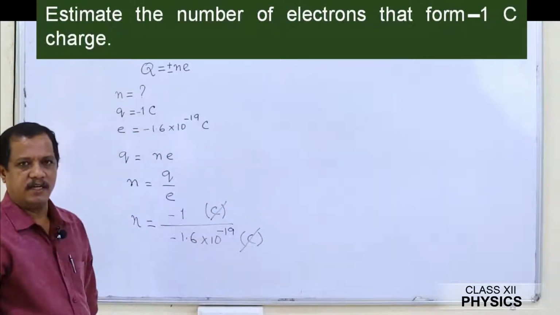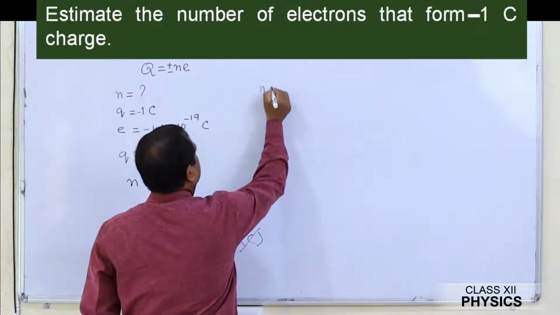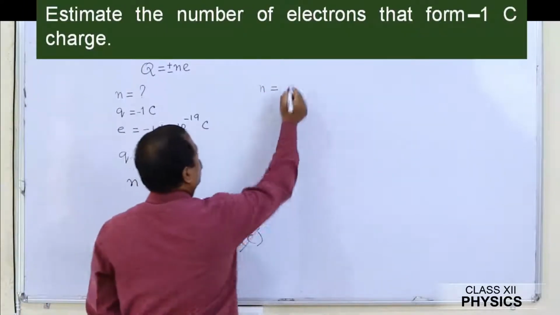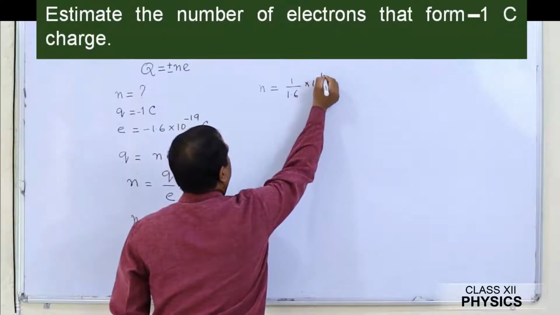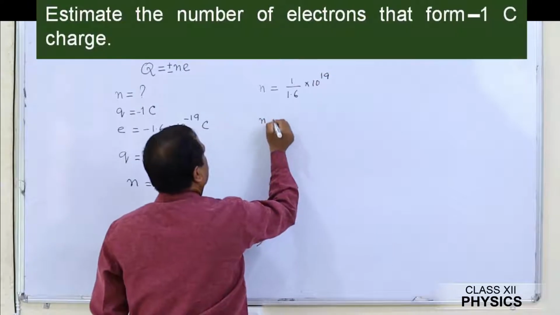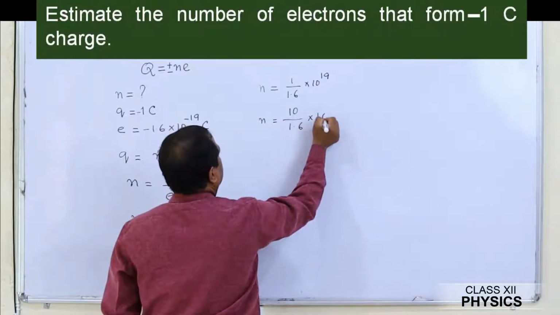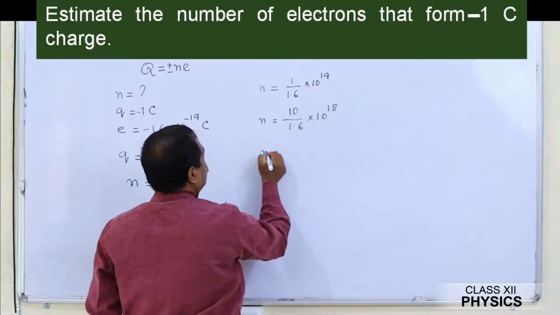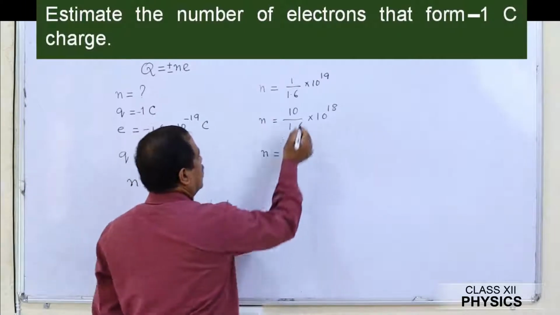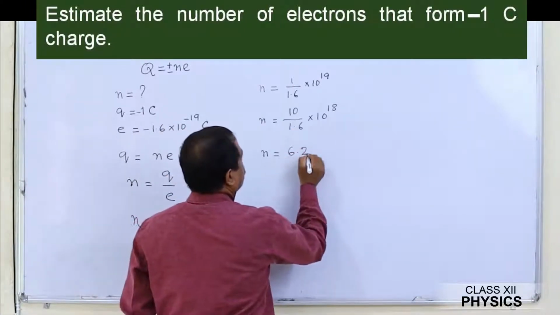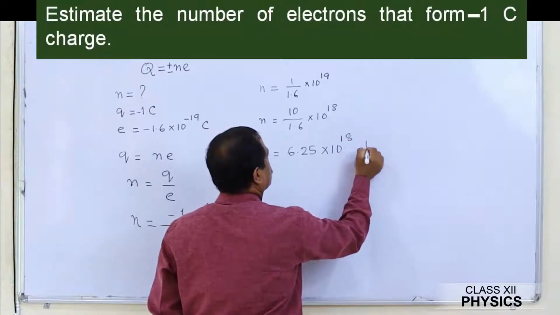So we are trying to find the number of electrons. As such, we are going to have N is equal to 1 divided by 1.6 into 10 power 19. Or to solve it, I can also write like this. And when I work out this expression, I am going to get 6.25 into 10 power 18 electrons.